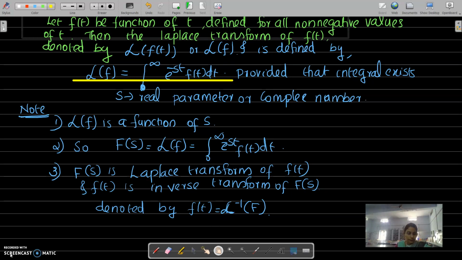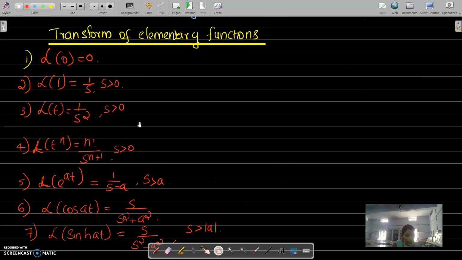Next is very important: the transforms of some elementary functions. First of all, we have to check what L of 0 is. From the definition, we know that L of f of t is the integral from 0 to infinity of e raised to minus st into f of t dt.